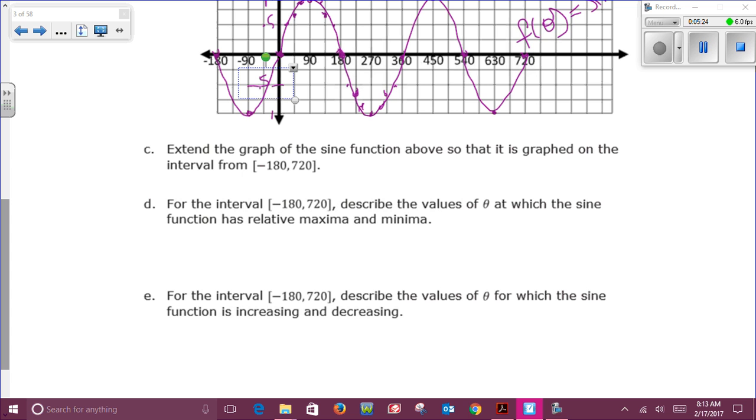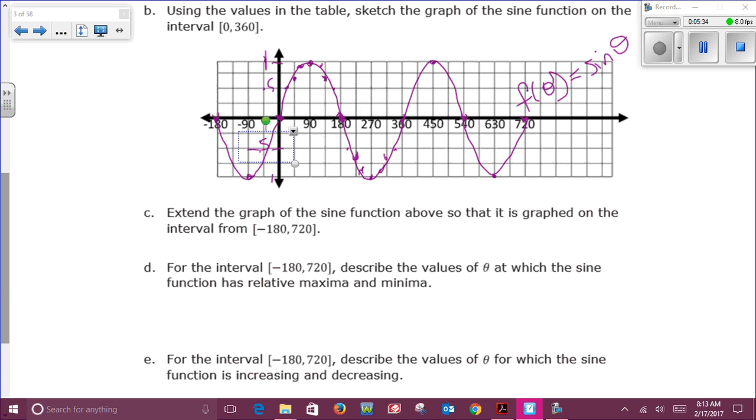Part D, for the interval of negative 180 to 720, describe the values of theta for which the sine function has a relative maximum or minimum. So we need to find our maximum values, which are our high points. And in this case, we have a maximum at 90 degrees and 450 degrees.